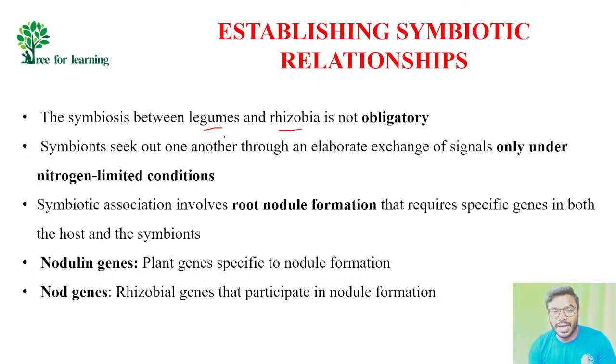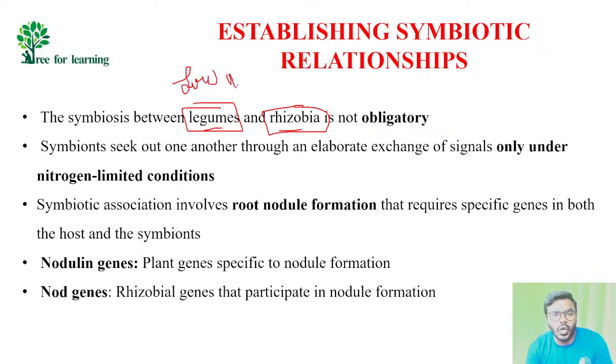No. You have to understand, the plant starts attracting the bacteria only when the condition of the nitrogen is very low in the plant. What I am saying is, when the level of nitrogen is extremely low, only during that particular time, friends, what is happening?